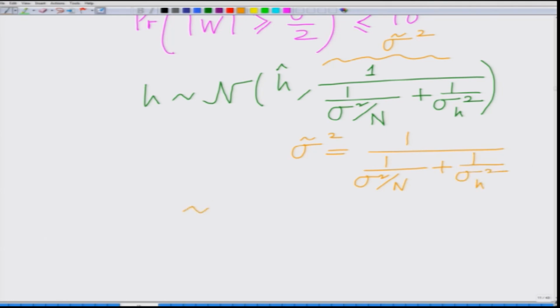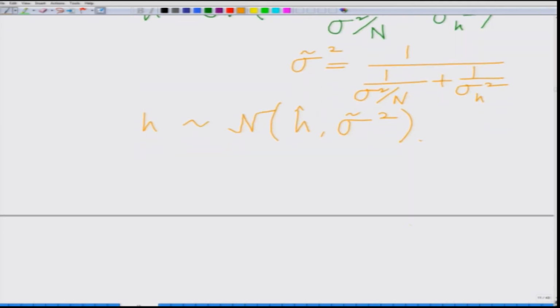So I can say h, in fact h given y bar, this is the posterior distribution, is Gaussian with mean h hat and variance sigma tilde square, and therefore this implies that if I look at this error, that is h minus h hat, from the parameter I am subtracting the mean, which makes the mean 0.